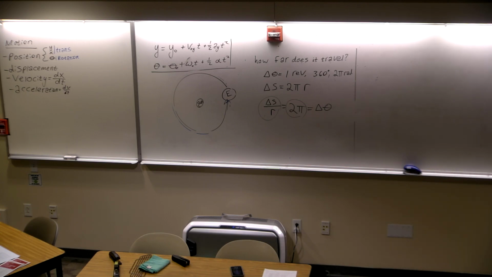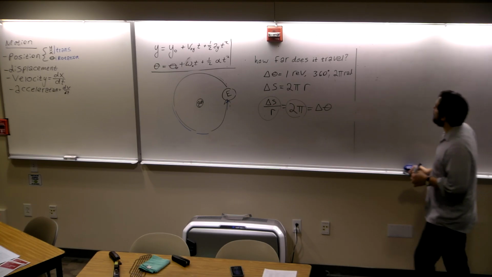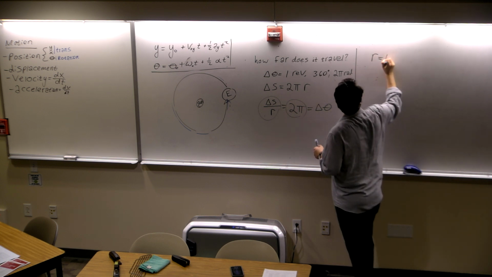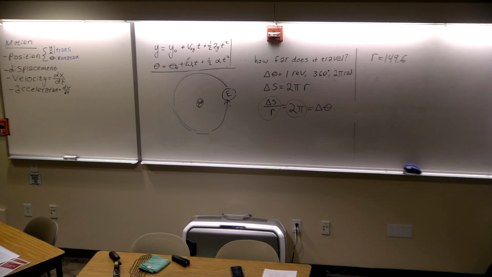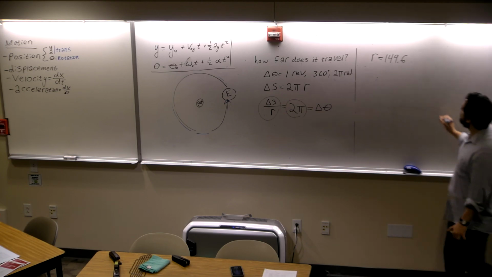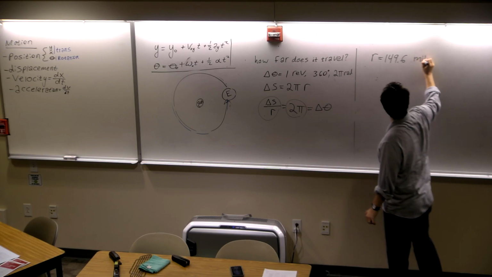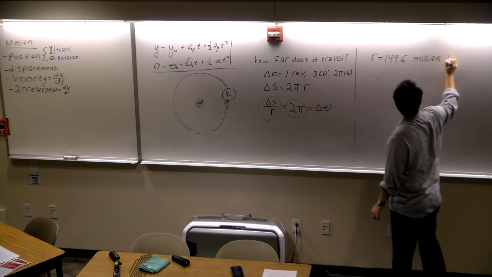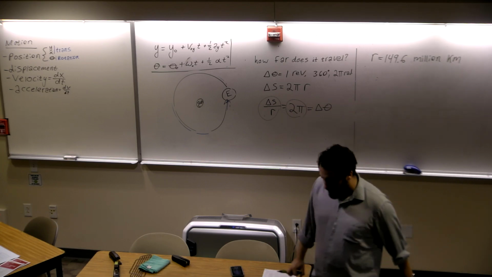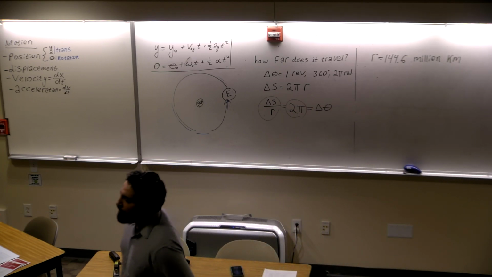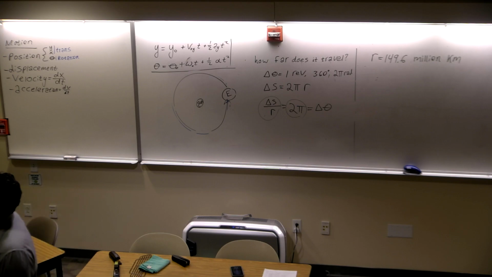For the Sun and Earth system, we can take the distance to the Sun as being 149.6, I'm trying to get this right, 149.6 million kilometers. Note the unit, it's kilometers, not meters. So we have this distance to the Sun, we have the radial distance, wonderful.